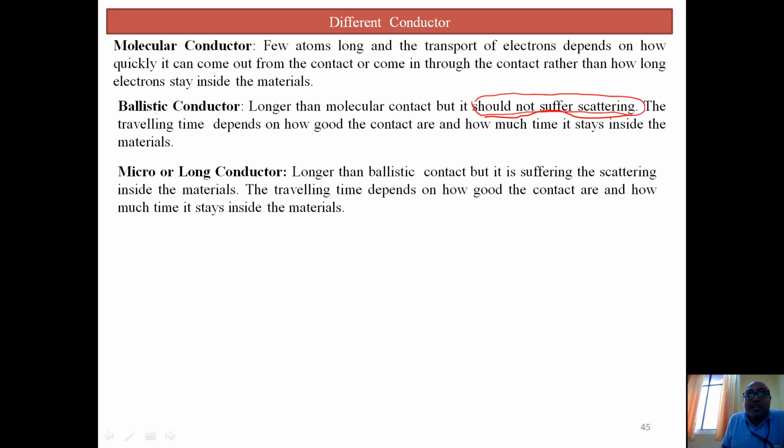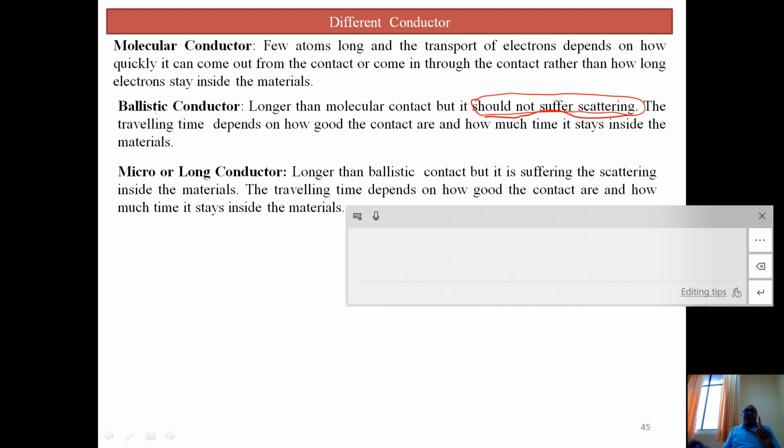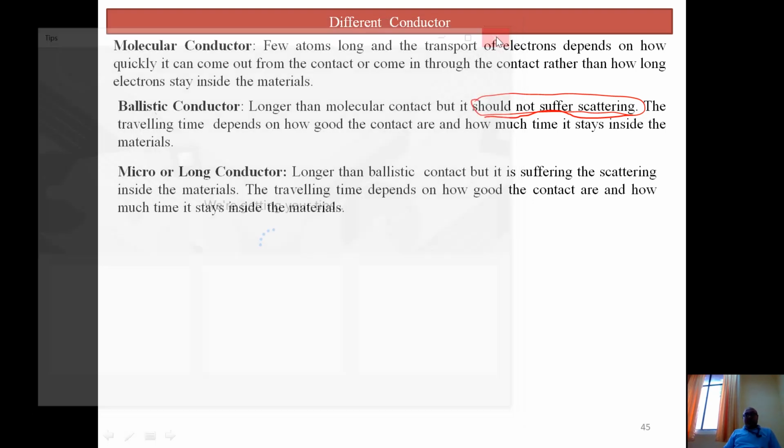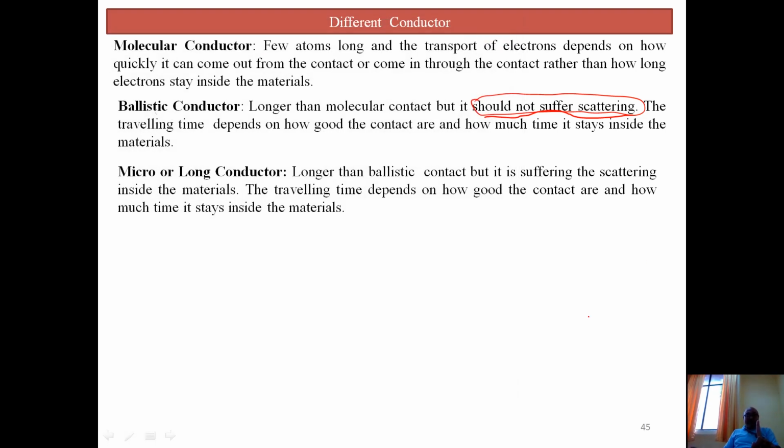So that means if it doesn't suffer any scattering, traveling from position A to position B is very fast. Correct?